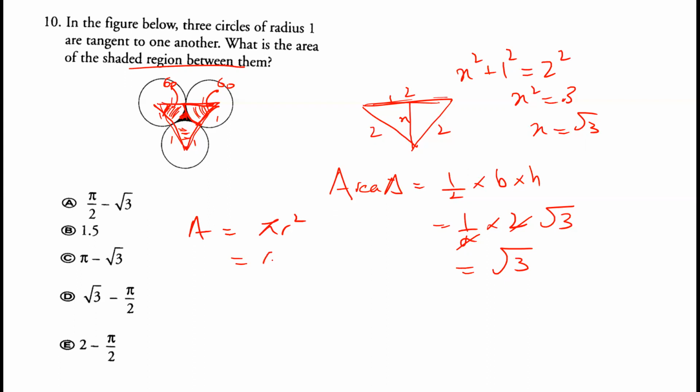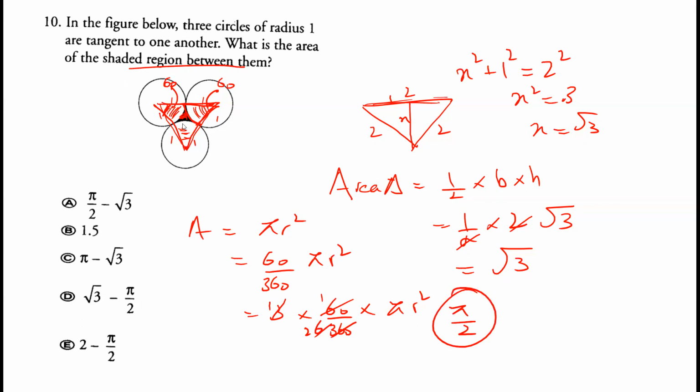So it's 60 divided by 360 into pi r square. Now how many different segments do we have? So we have 3 segments having 60 degrees. So 3 into 60 over 360 into pi r square, and r is 1, so pi over 2.